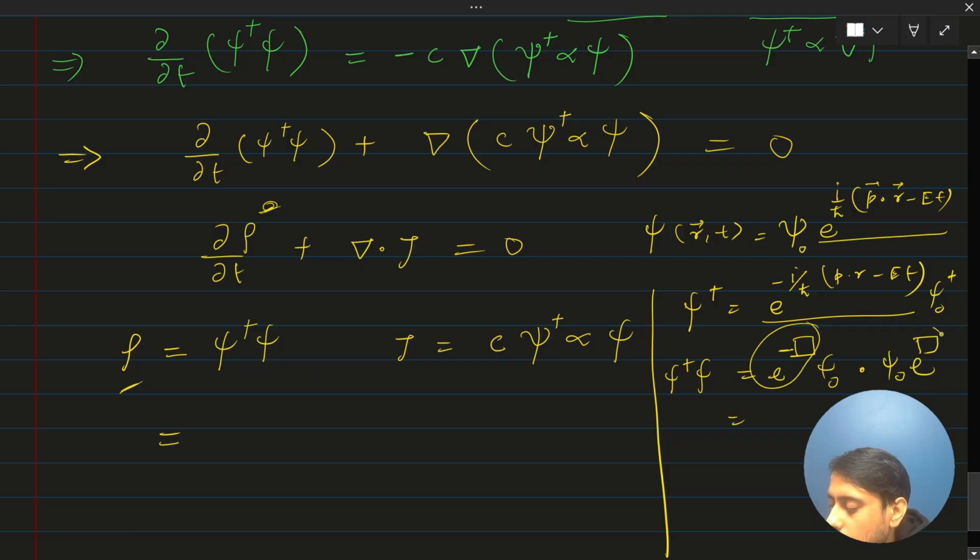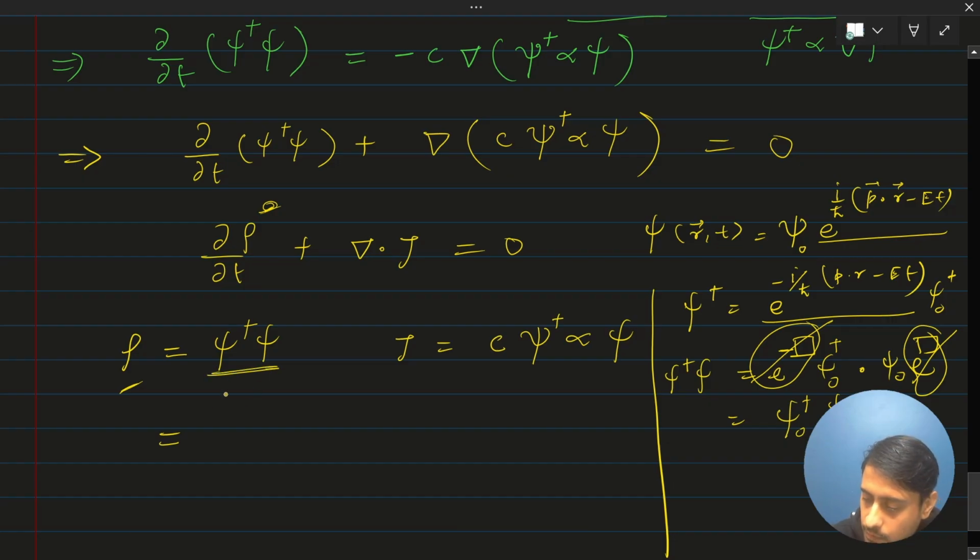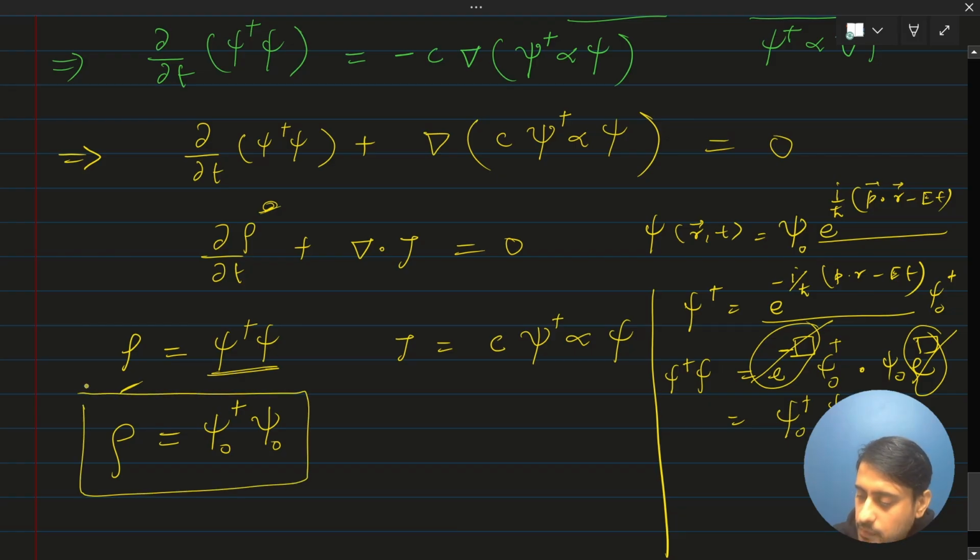These two things are reciprocals of each other, so this will cancel out. We have missed one thing: this is a dagger, psi naught dagger psi naught. So the exponential terms cancel out, and we have psi naught dagger psi naught. This is the density, which is independent of the exponential term. This term is completely gone.